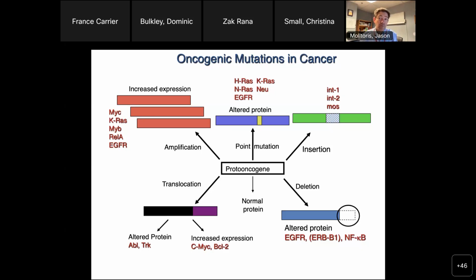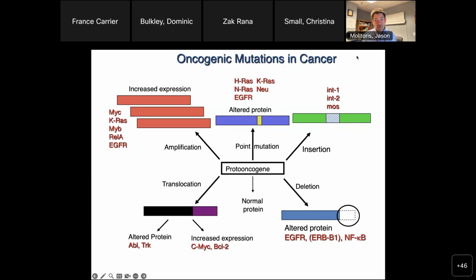There can be alterations in the proteins. So RAS, HRAS, NRAS, KRAS, all of these can have alterations in their DNA, changes in the protein structure, and increased activation of those cells. You can have insertions. Those are, I think, less tested on, but you theoretically can have an insertion within a gene. You could have a deletion in a gene.